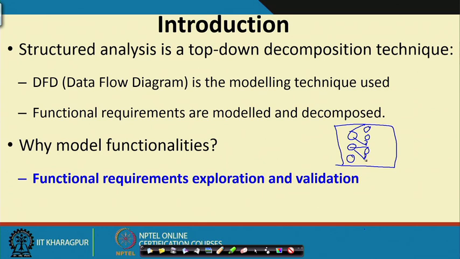Each of the functions will be decomposed, and even the sub functions will be decomposed through the DFD technique, and finally we will have a set of fine granularity functions. So, this we call as the functional requirements exploration, because starting from very gross level requirements specified in the SRS document, we decompose them into functions which are very small in size.